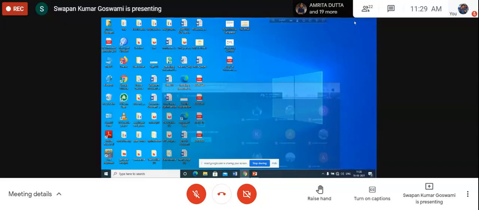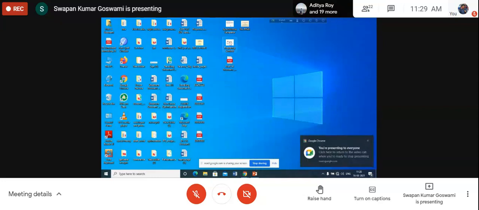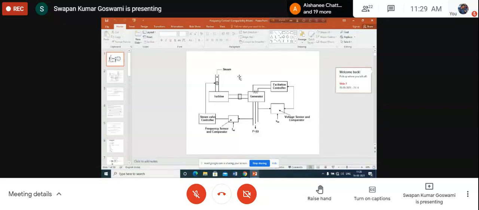The next part is regarding frequency control. We have seen how to control the frequency of a power system, basically by controlling the active power generation of the generator, and how to control the voltage by controlling the excitation.